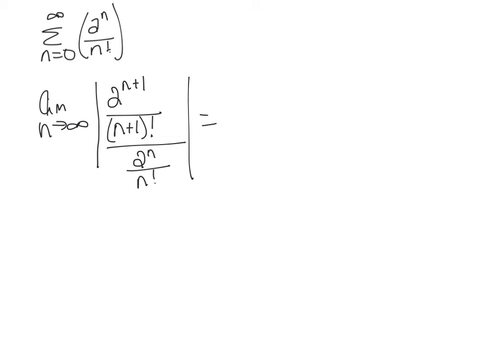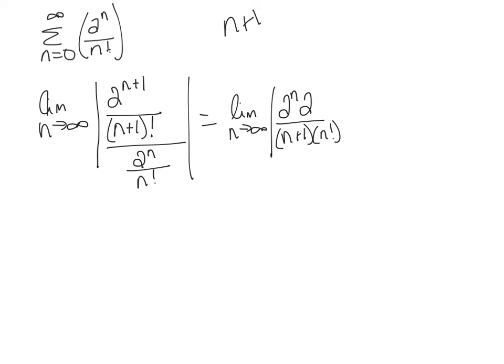When I do a rewrite on this to start to simplify things, I've not taken my limit yet, so I'm going to have 2 to the n times 2 over n plus 1 times n factorial. N plus 1 factorial, as a side note, is equal to n plus 1 times n, and if you need it, it can be n minus 1 and n minus 2, and it keeps going.